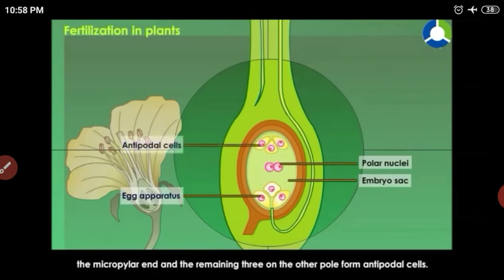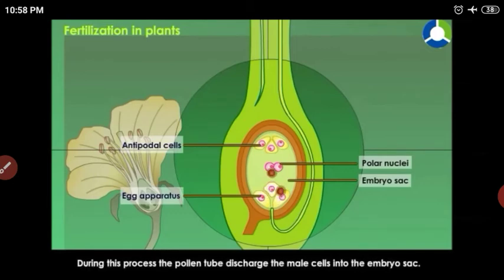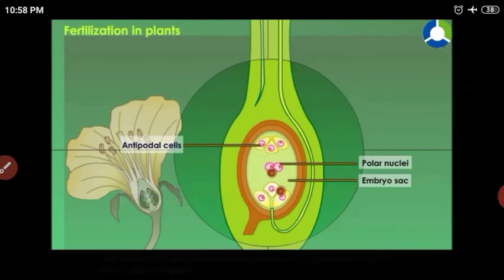When the pollen tube releases the two male nuclei, one male nucleus is fused with the egg cell and forms a zygote, and the other nucleus is fused with the polar nuclei.